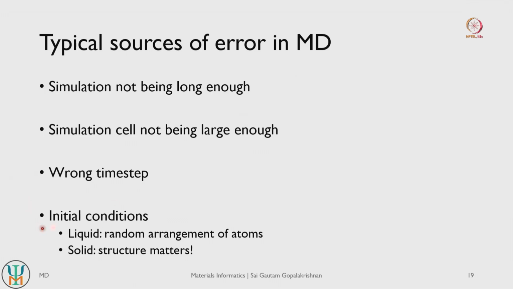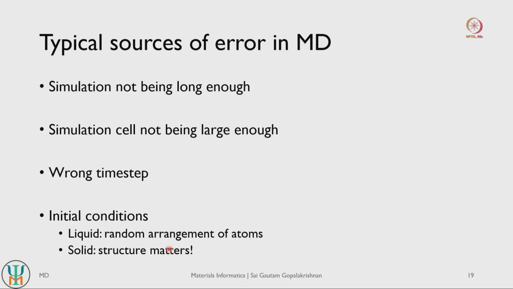And also wrong initialization of initial conditions of your system. So typically for liquids, right, we would like to have a random arrangement of atoms, and for a solid the specific structure that you want to simulate actually matters, right, when you do a molecular dynamics simulation.